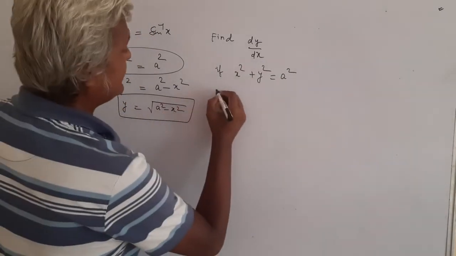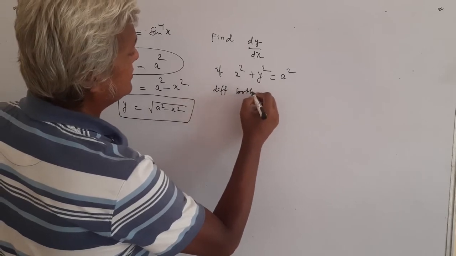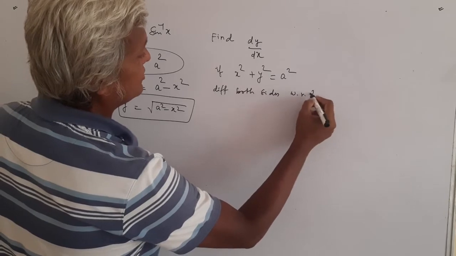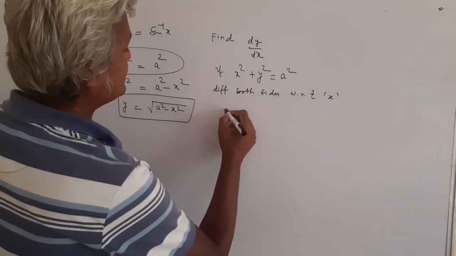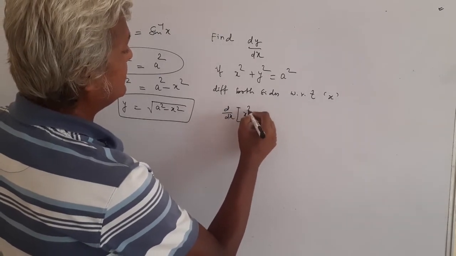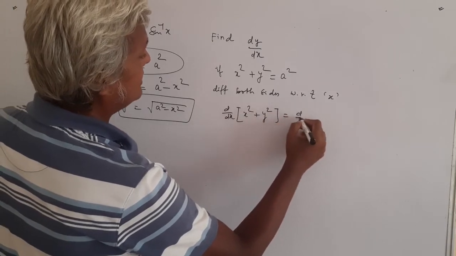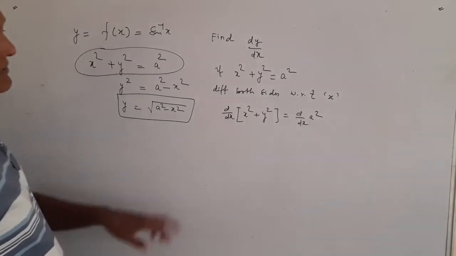We simply write, differentiating both sides with respect to x. What does it mean? It simply means attach d by dx on both sides. So d by dx of x square plus y square is d by dx of a square.